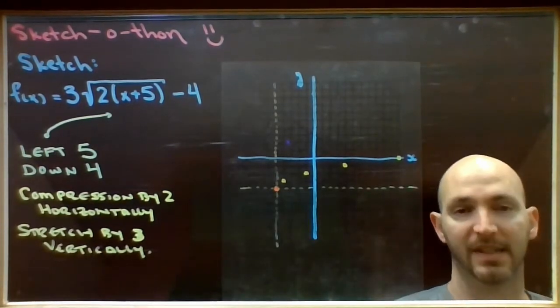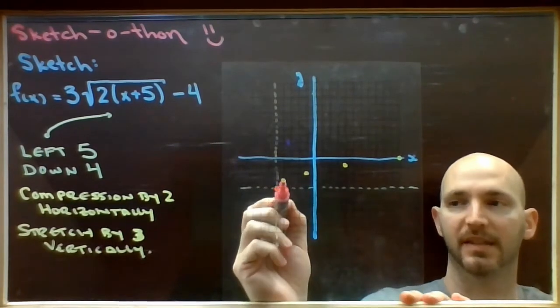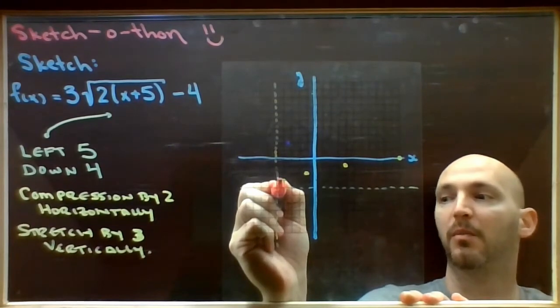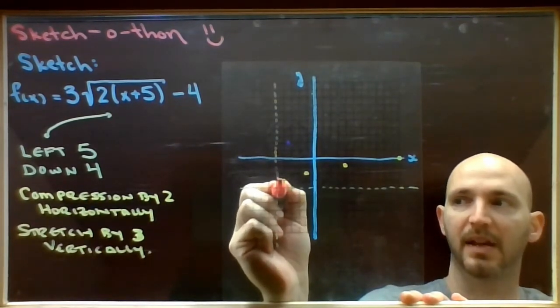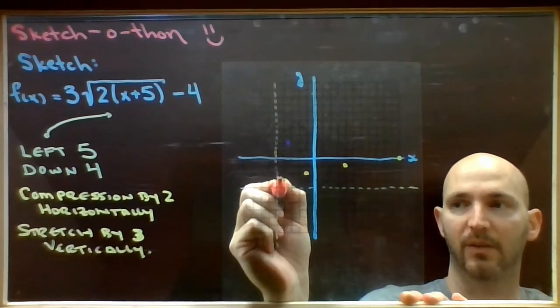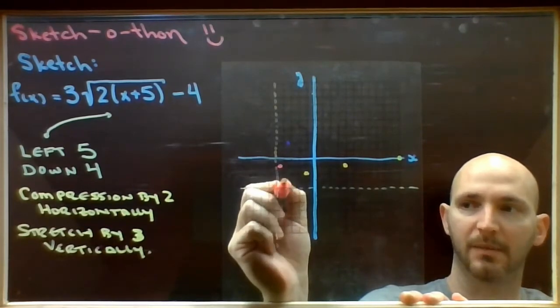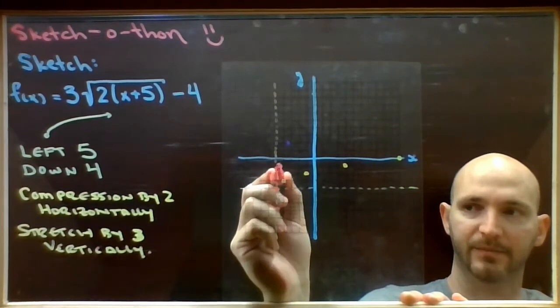Anything on the origin is unaffected by transformations. This dot should be half as far from the y-axis, but thrice as far from the x. So that would be here. 1 times 3 is 3, and a half of 1 is a half.